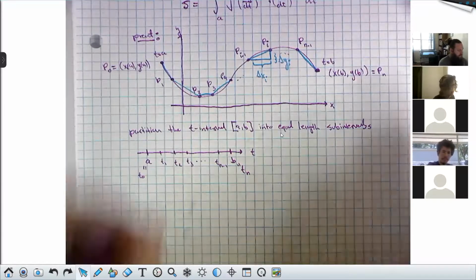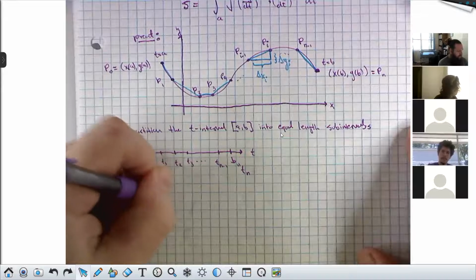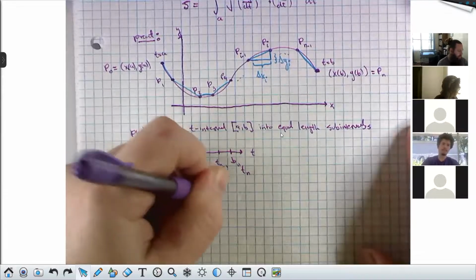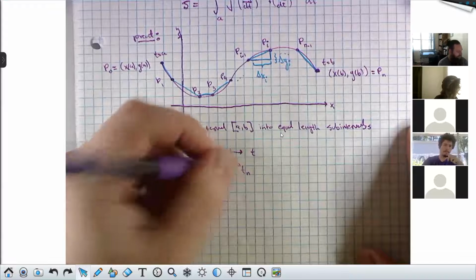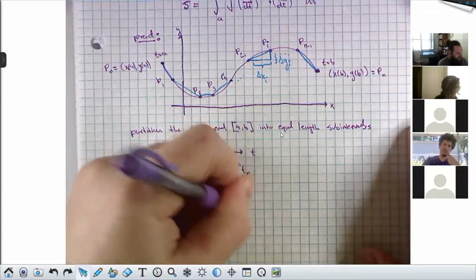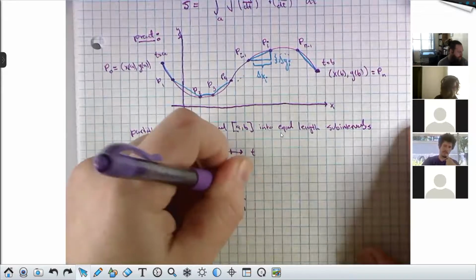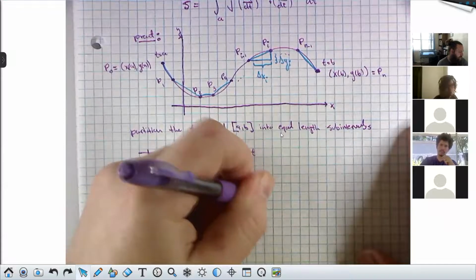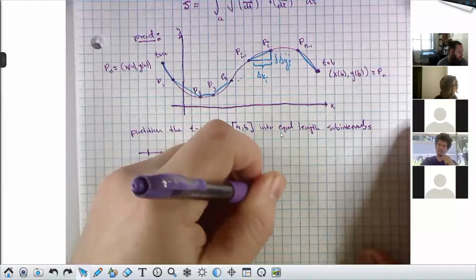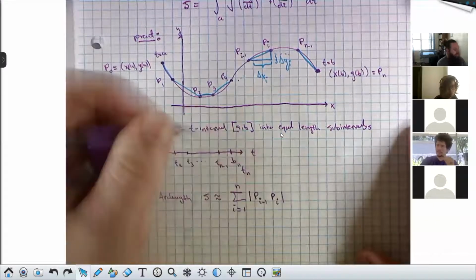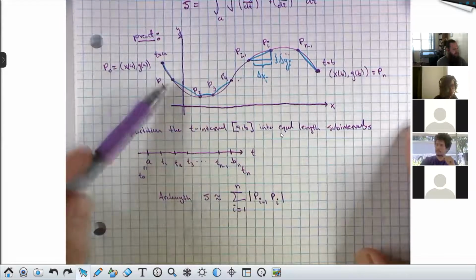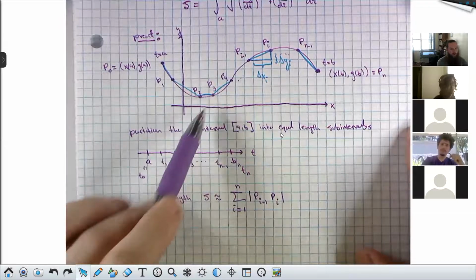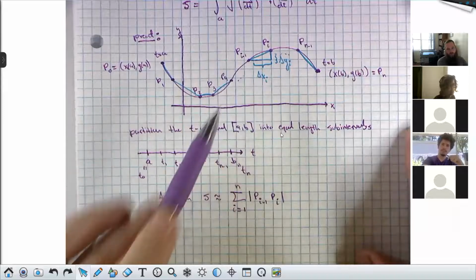Then my arc length S is approximately the sum from i equals 1 to n of the distance from Pi minus 1 to Pi, right? It's the distance from P0 to P1, from P1 to P2, from P2 to P3, from P3 to P4. All of those little distances added up.